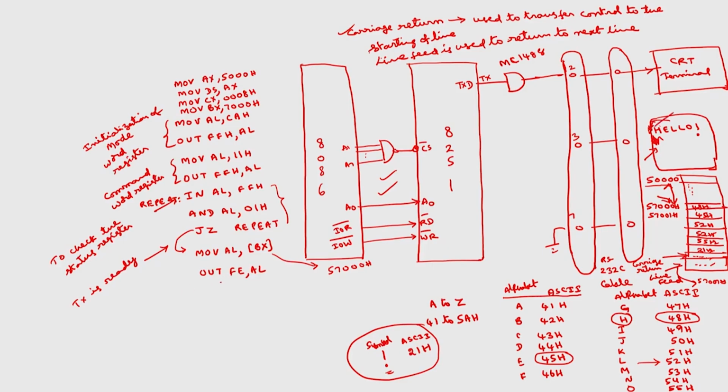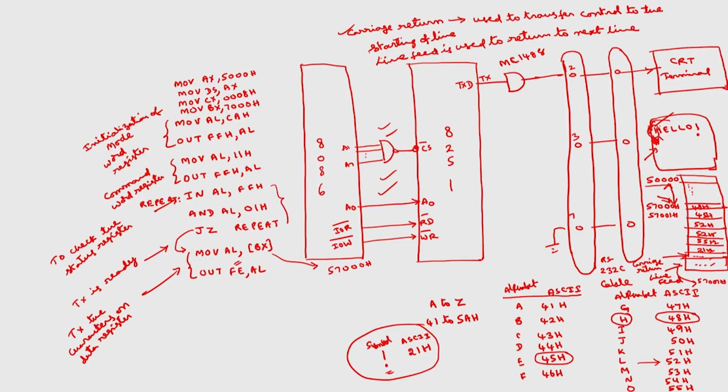This is FE because I have to transmit the characters on the data register. So, the data register address is FEH for these interfacing connections that I have shown. Now, with this I have displayed H on the CRT display.